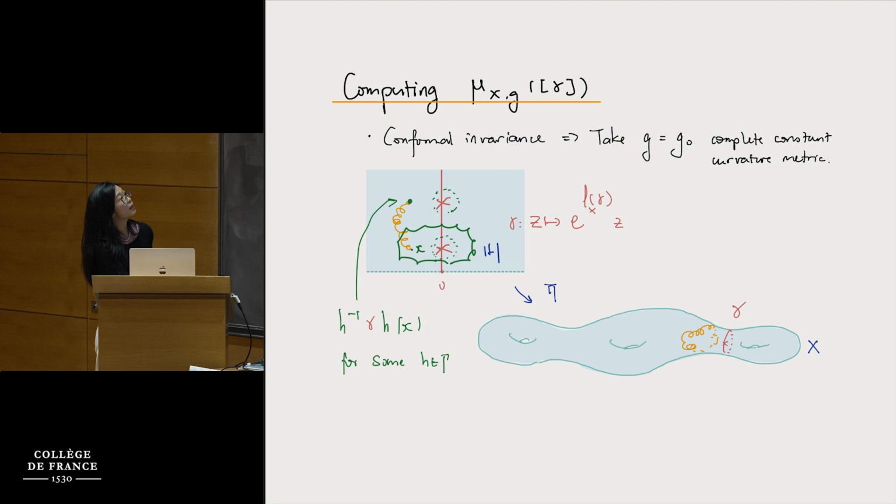Because if h is one element in the fundamental group going around one handle, then going around gamma and back around the handle is, in the free homotopy class, homotopic to gamma.